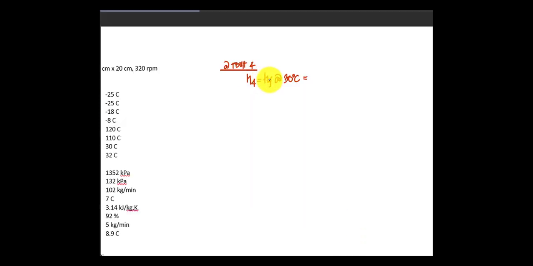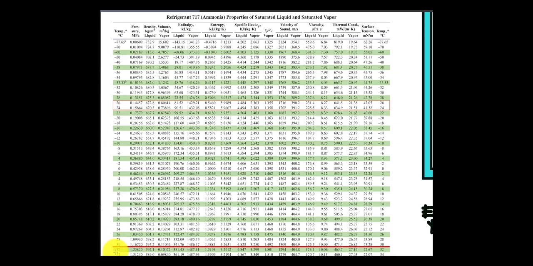So h4 will be the hf at 30 degrees Celsius. We can check the table for these values. Now I have highlighted 30 degrees Celsius, so we have the corresponding enthalpy. In liquid form, we have 341.76. So writing it down here so all the data are available.